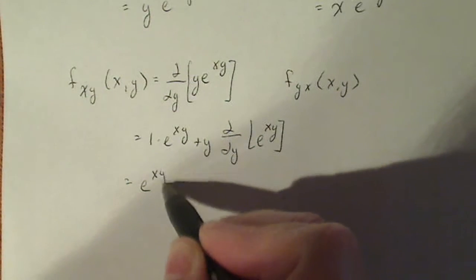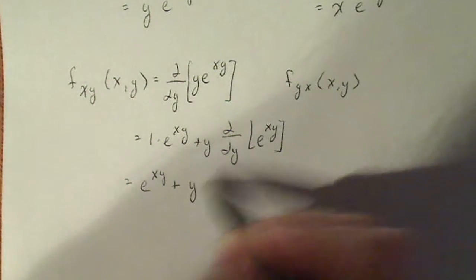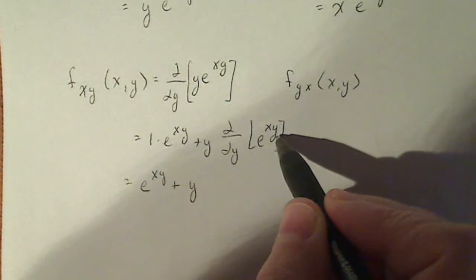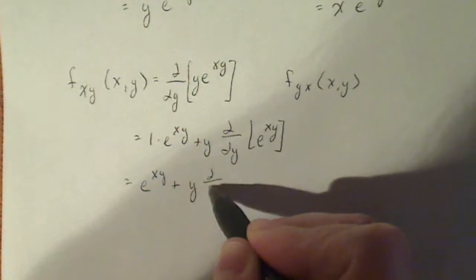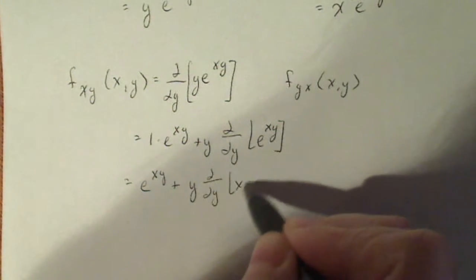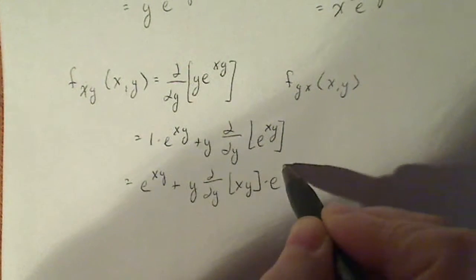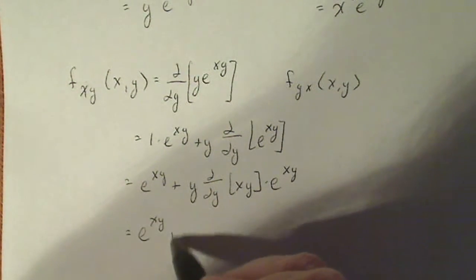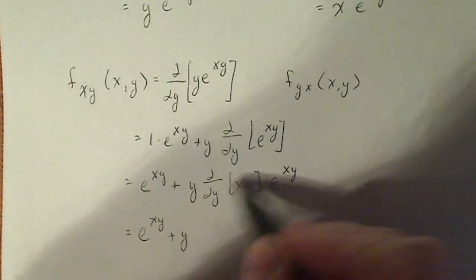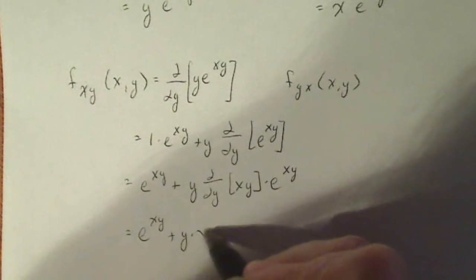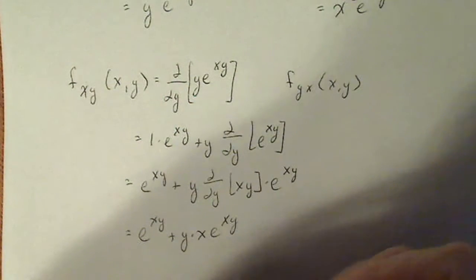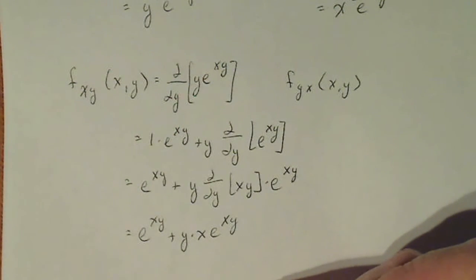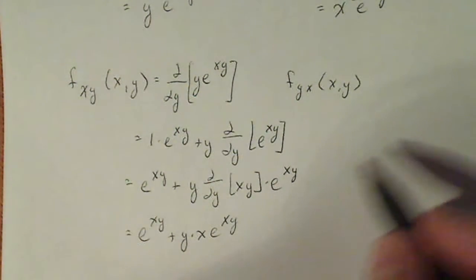So earlier, we took the derivative with respect to y of e to the xy. That's going to be the derivative with respect to y of xy to the power times e to the xy using the rules of derivatives. So e to the xy plus y, the derivative of this guy with respect to y is just x, e to the xy, and there's your second derivative, f sub xy.